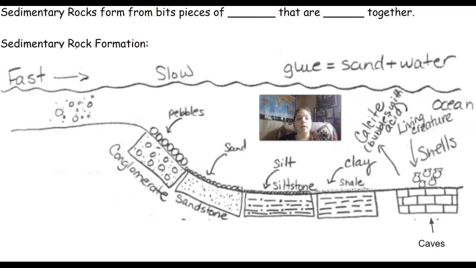All right, so sedimentary rocks. They're formed from bits and pieces of rocks that are glued together. Not glued with like glue, but cemented together. One thing I want you to look at, if I didn't already state this, is page 6.